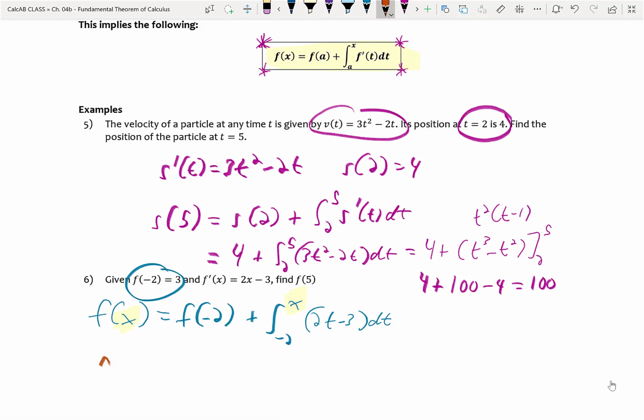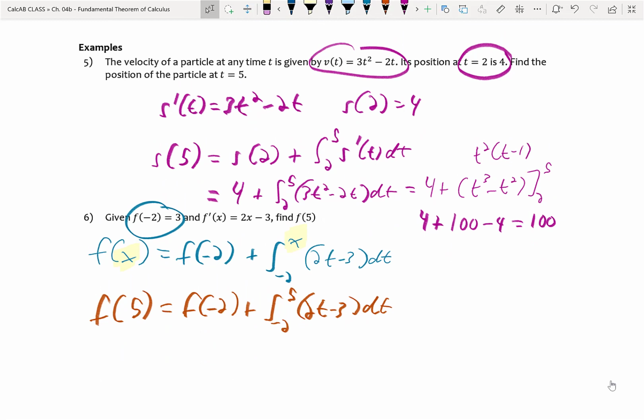So given that, I'm going to show that f of 5 is equal to f of negative 2 plus the integral from negative 2 to 5 of 2t minus 3 dt. F of negative 2 is 3.